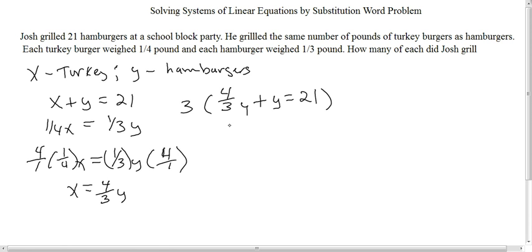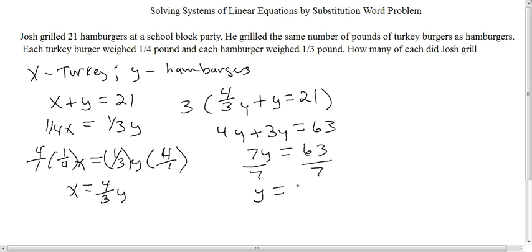That gives me 4Y plus 3Y is equal to 63. Adding my like terms, I have 7Y is equal to 63, and I divide by 7, and Y is equal to 9.